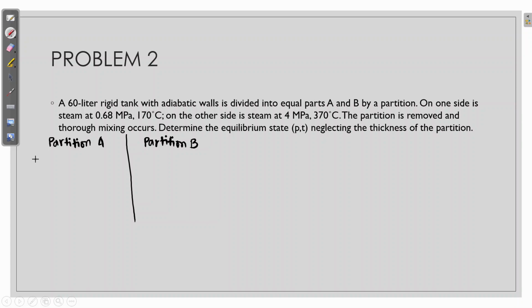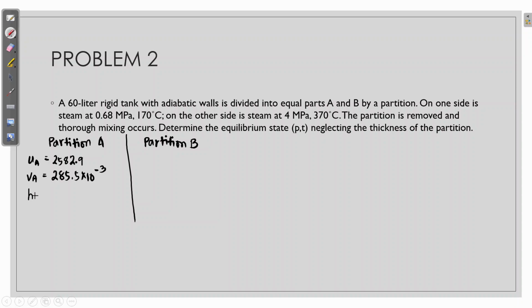Okay? So, ang internal energy niya sa partition A ay 2582.9. Ang specific volume niya ay 285.5 times 10 raised to negative 3.